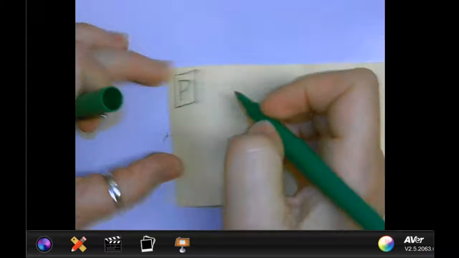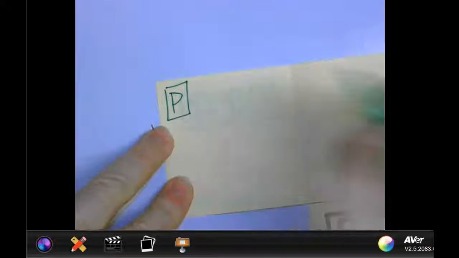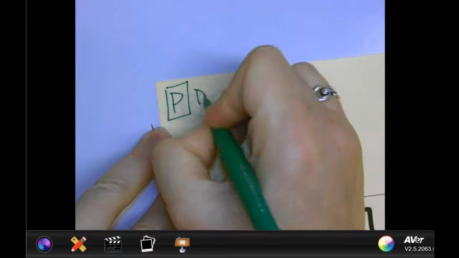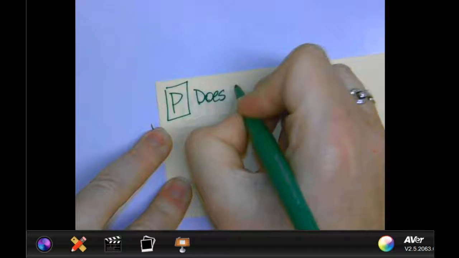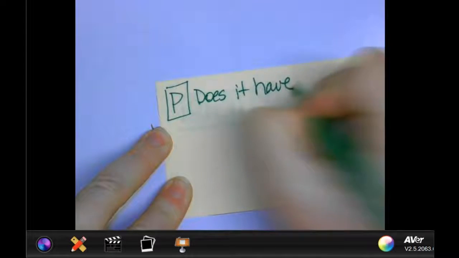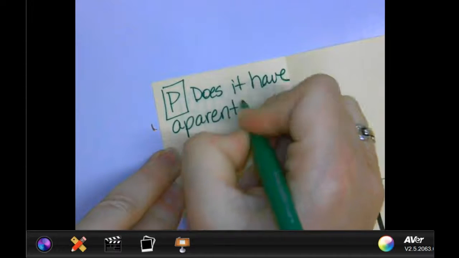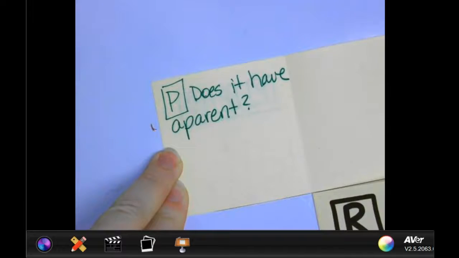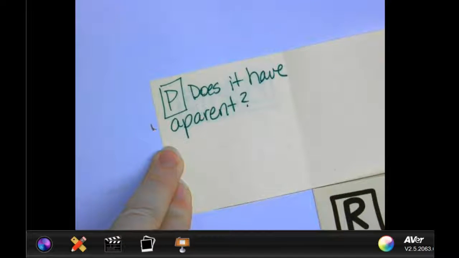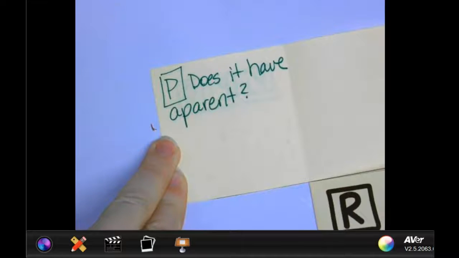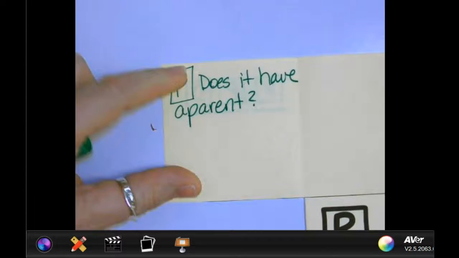Okay, sorry, I got it right sideways. All right, so for the P, you're looking for, does it have a parent? Two words, a parent, not apparent like it looks because my handwriting's bad. But does it have a parent? So basically, is this just a transformation of a parent function?